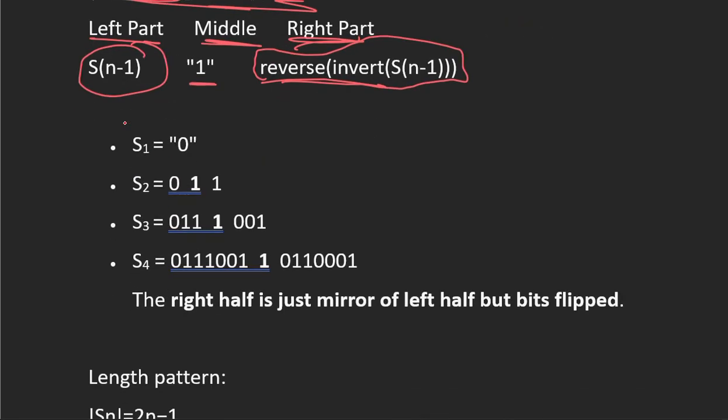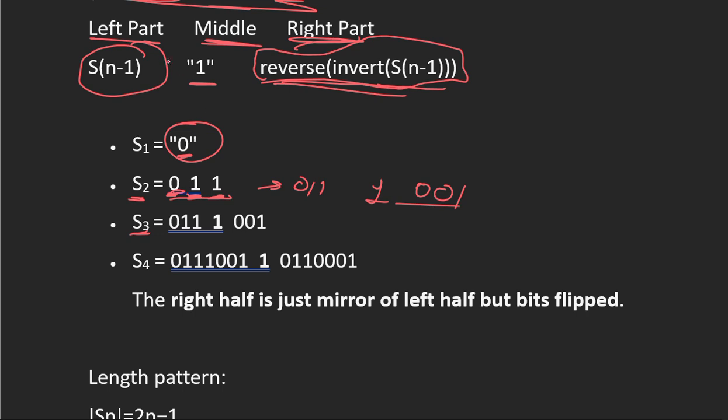So let's see some examples. S1 has only one character, so only one part, but S2 has three parts: the previous string, the middle part, and the reverse and invert of the previous string. Then S3 is the previous string, that is 0 1 1, the middle part, and then the invert and reverse of that, that is 0 0 1.